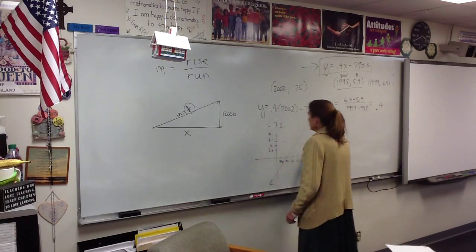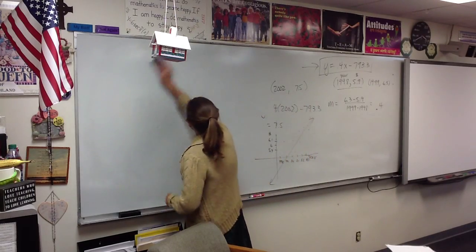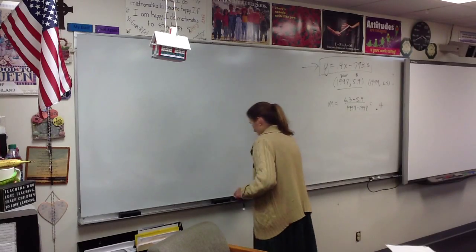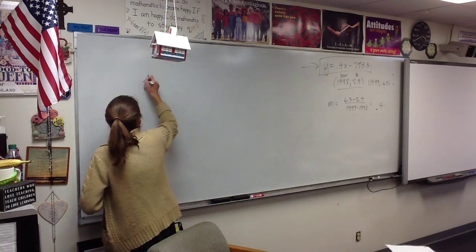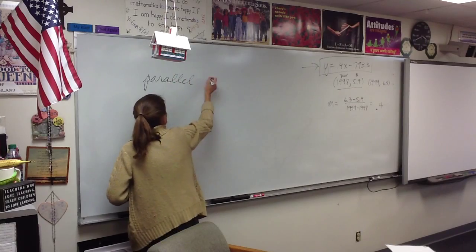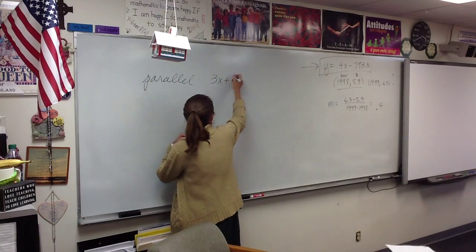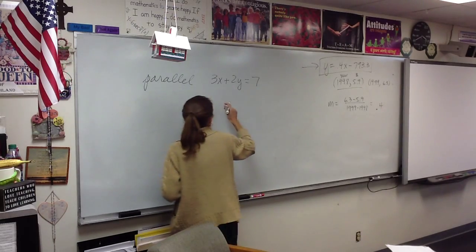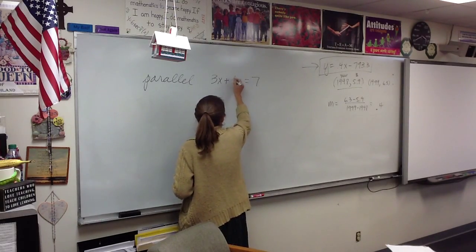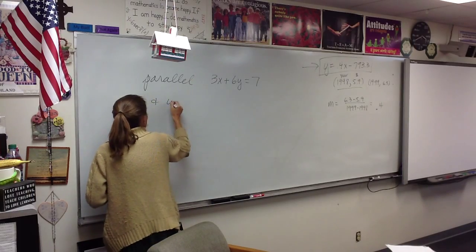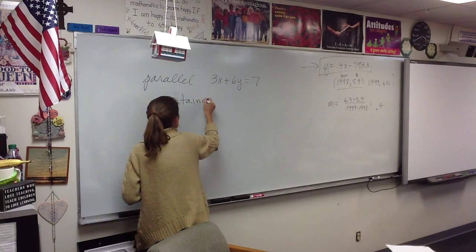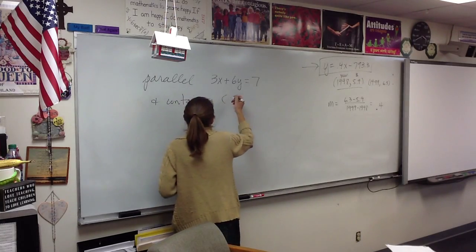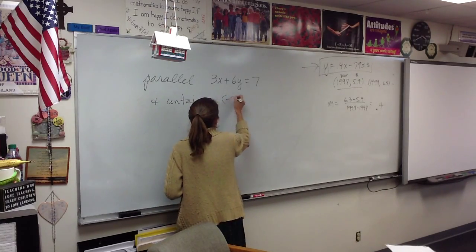I'll say, okay, write the equation of the line parallel to 3x plus 2y equals 7, and containing, let's say, (-2, 4).